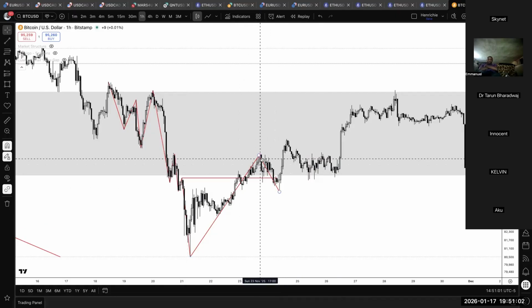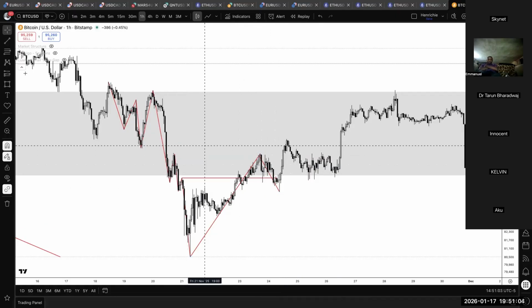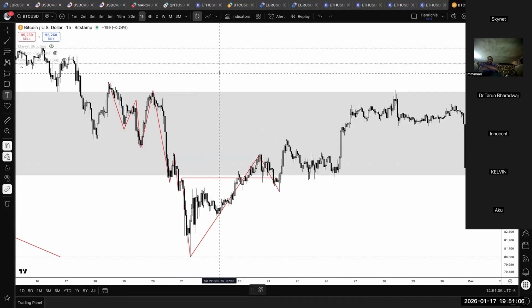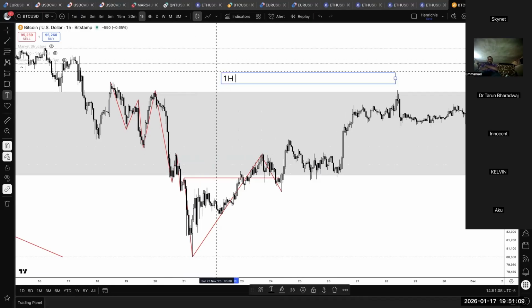Now, the moment you're seeing this break of structure on the 1 hour time frame, now you can say that your 1 hour time frame has aligned with your higher time frame, which is the 12 months, 6 months, 3 months, and the monthly.